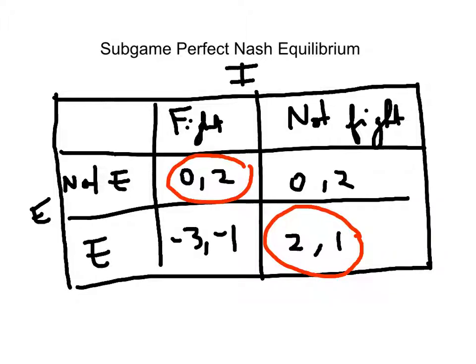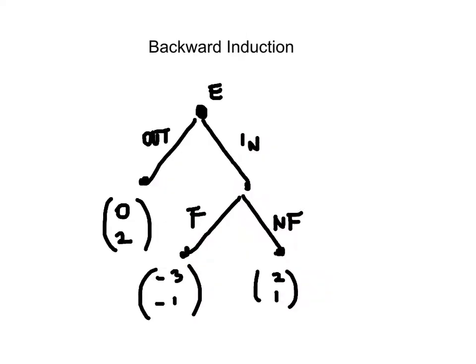And once you see that, you can then eliminate the configuration of strategies where the firm enters and the incumbent fights, right? And once you do that, you can see that it makes more sense for firm E to enter the market, because the payoff of 2 is higher than the payoff of 0 if firm E does not enter the market. So actually this Nash equilibrium is much more likely to arise.